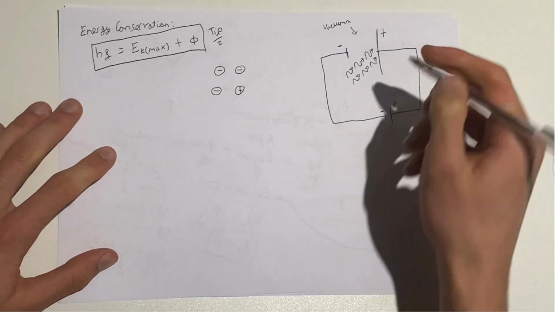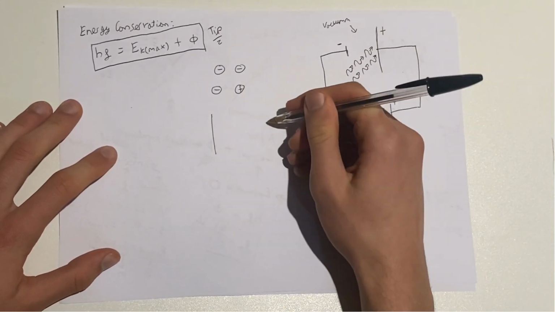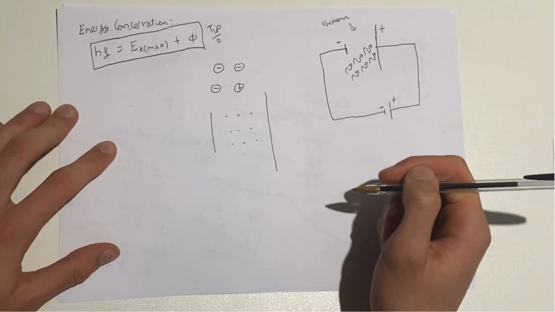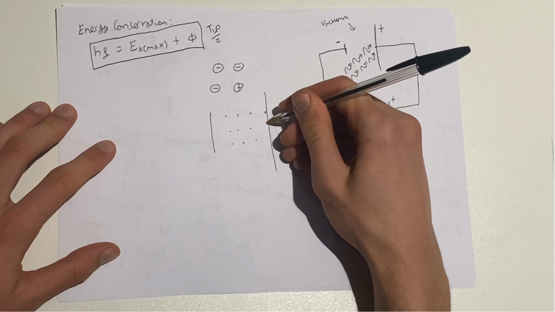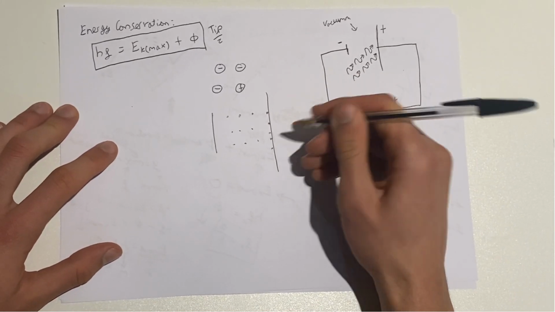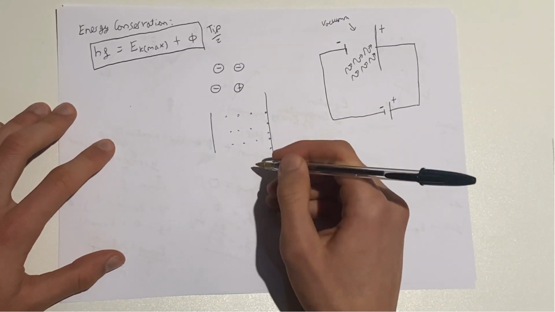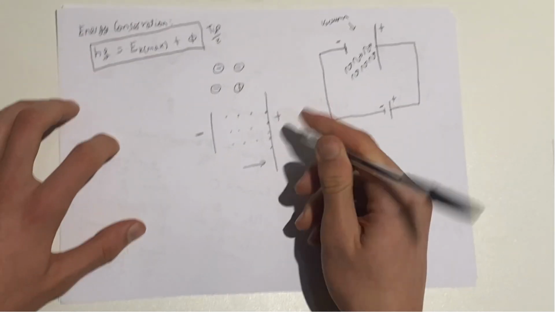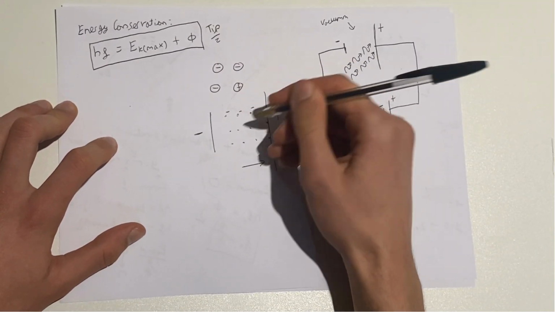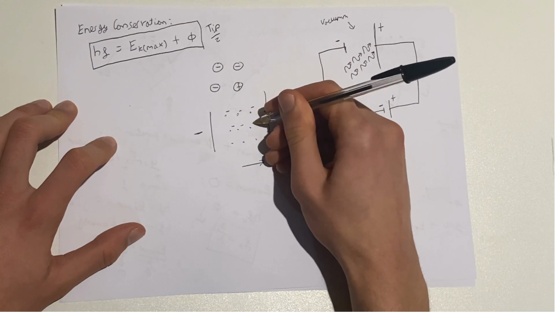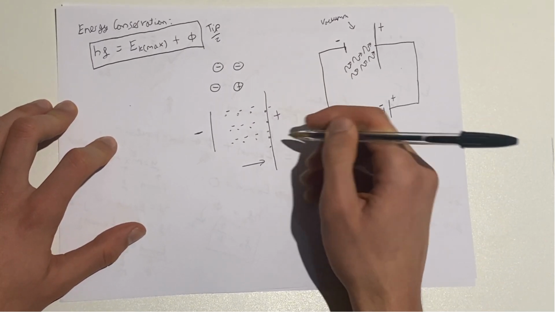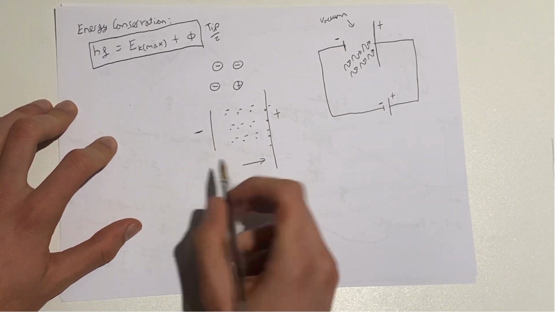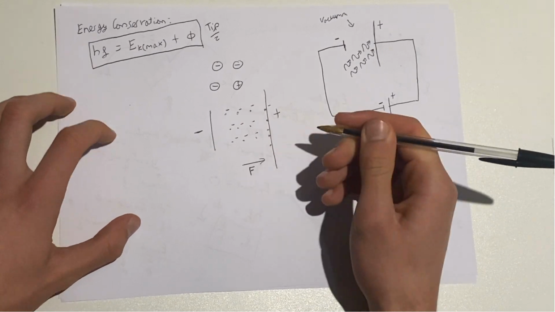If we have electrons being emitted from here, let's draw another one, we would expect them, even the ones still on the metal surface, to all feel a force in that direction, because these are all negative and they are attracted to the positive side and repelled by the negative side, so they would feel a force in this direction. This is when we are applying a potential difference between the two plates using the battery from before.